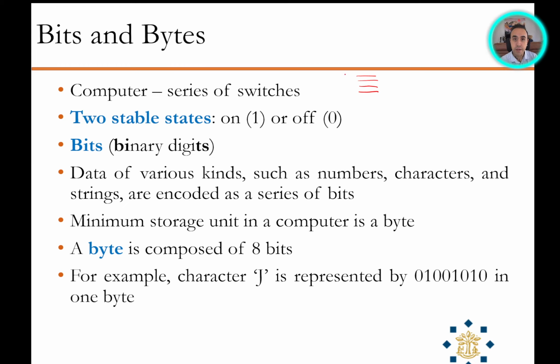A wire can have electricity on if an electron passes through it, or if there is no electron, it's going to be zero. So each wire can be either on or off. If there is no electricity, it is zero. If there is electricity, then it is one.